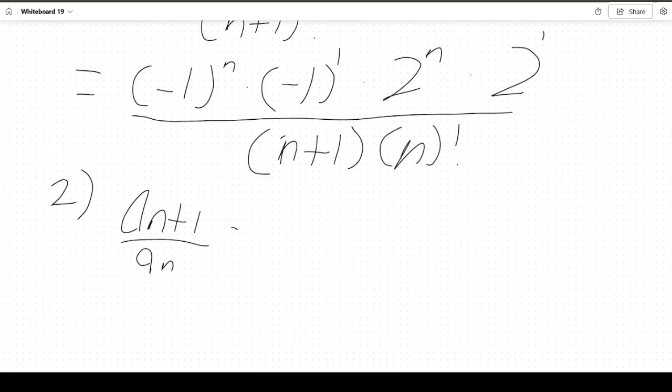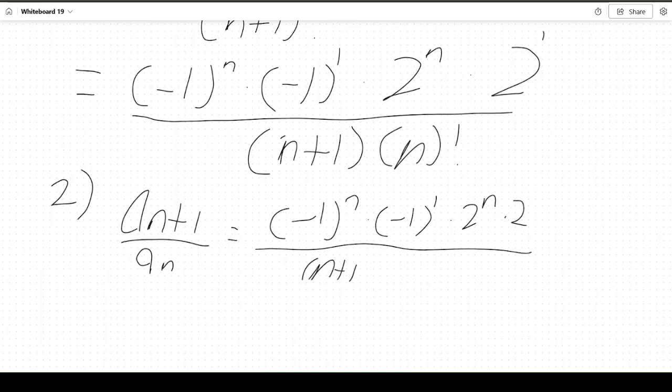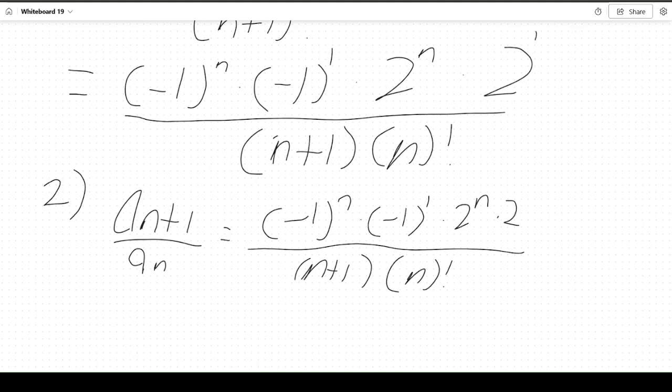So now we have to do all this stuff. Our a_(n+1) is all of this, so we have to put that all here, and it's going to be the equation in the beginning.